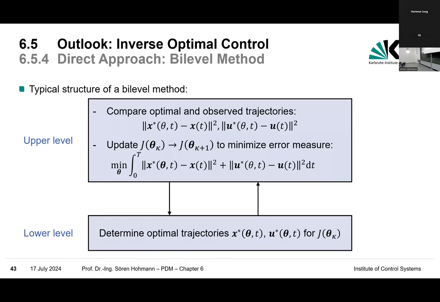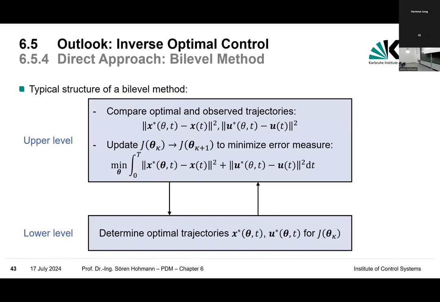You take an objective function, put some parameters in it, and put it in the forward solution and optimize over the parameters. Right? So you have 2 optimization cycles. One for solving the dynamic optimization problem and one for adjusting the parameters.